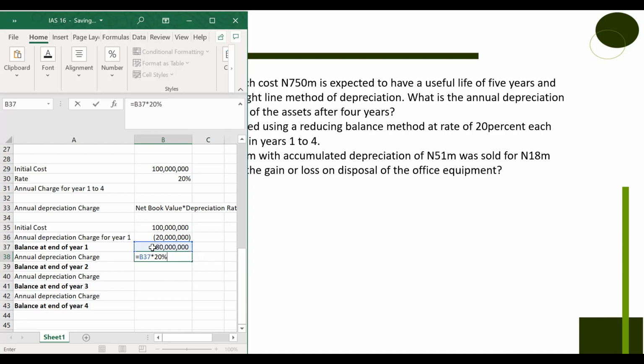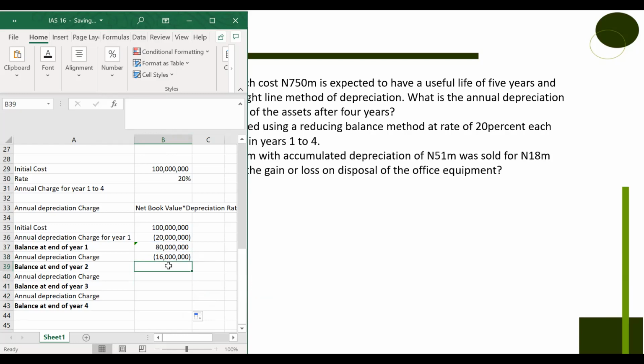What did you get? 16 million. Thank you. So this is our depreciation charge for the year.